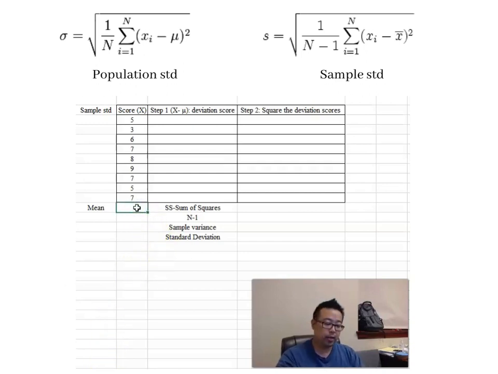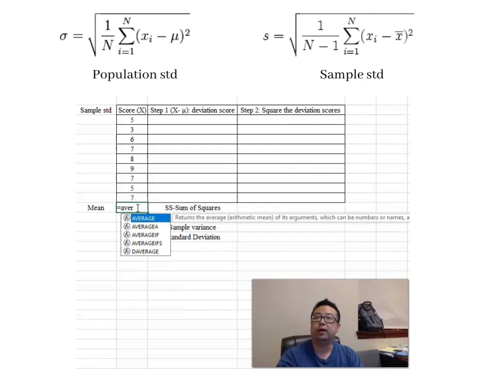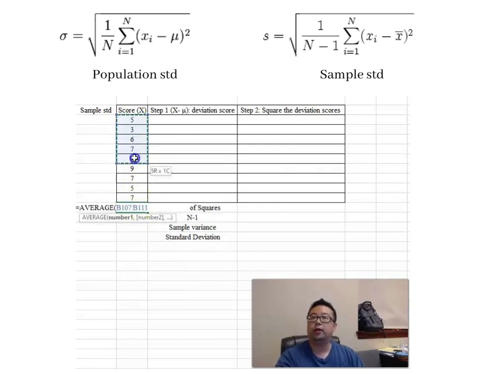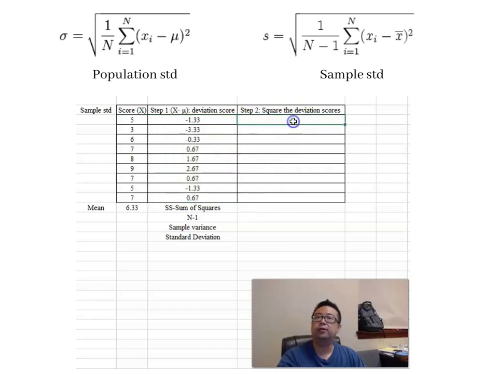So simply, the process is the same. Find the average here. You can see the average is here, and then each case minus 6.33 as the average, and then square the deviation scores.